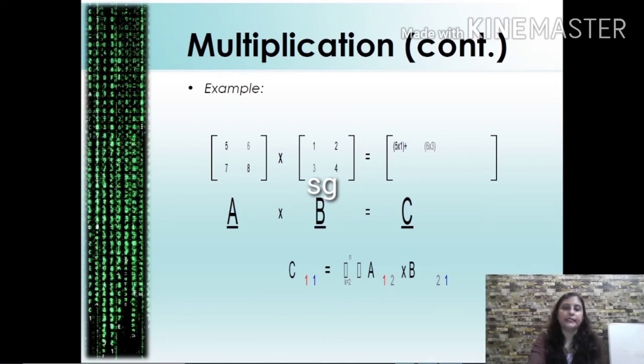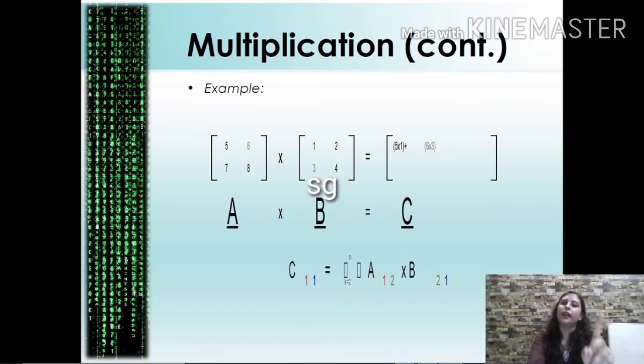What we do is that for the very first element, we take the first row of the first matrix and the first column of the second matrix, and we multiply the two consecutive values. How will we do that? See, C11, that is the first element of the matrix C, is 5 into 1.